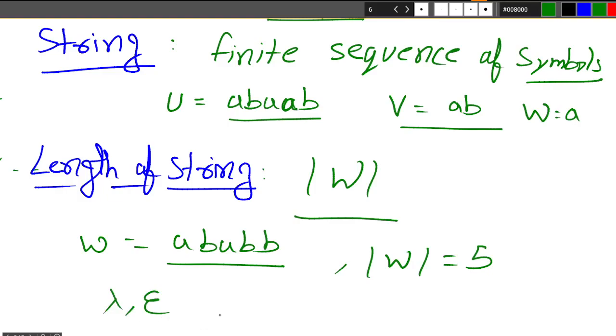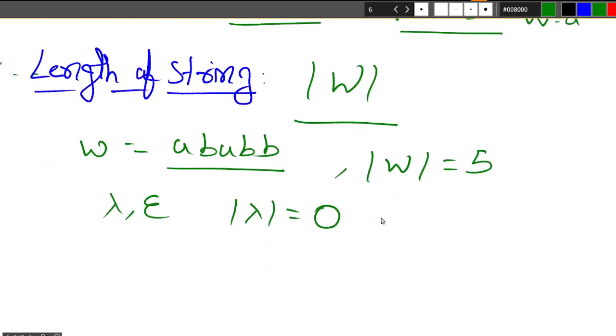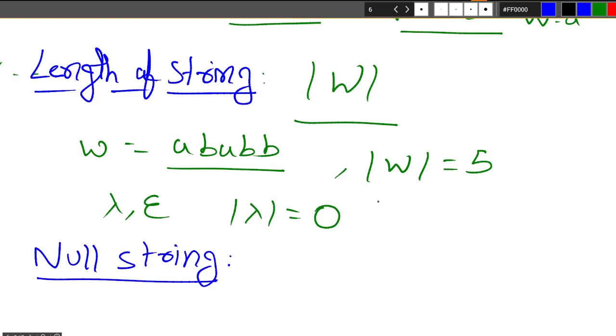There is one thing we call lambda or sometimes epsilon. So if I find the length of lambda, what is it? 0. Yeah. So it is basically the empty string. You can also call it the null string. So what is a null string?